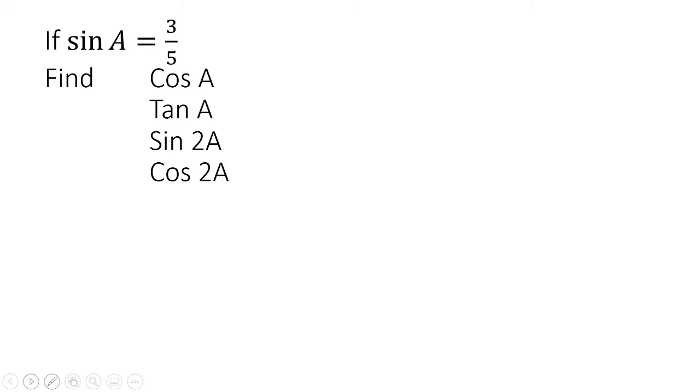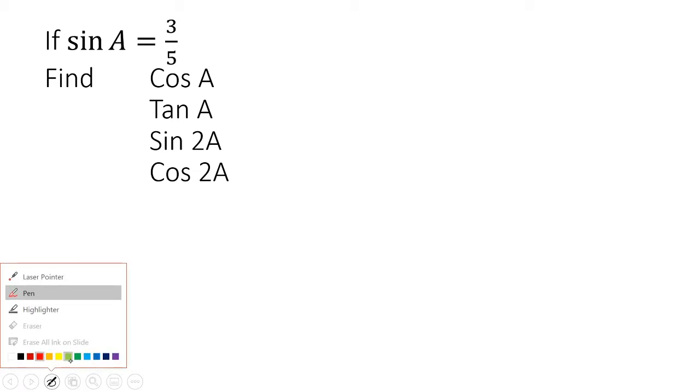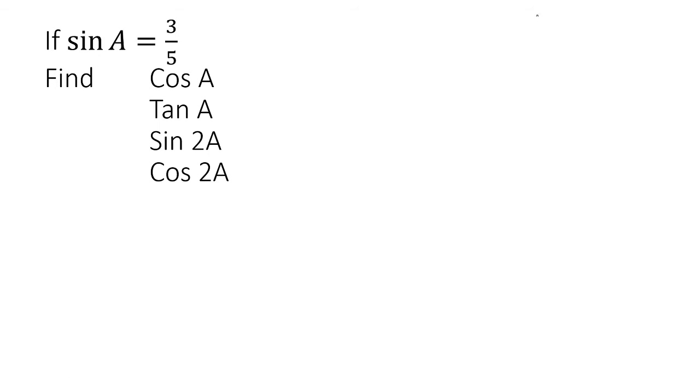All right. Next question says, if we have the sine of A as 3 over 5, find the cosine of A, the tangent of 2A, the sine of 2A, and the cosine of 2A. The first thing that I'm going to do in a question like this, kicking it up a notch from the last ones, is draw a triangle.